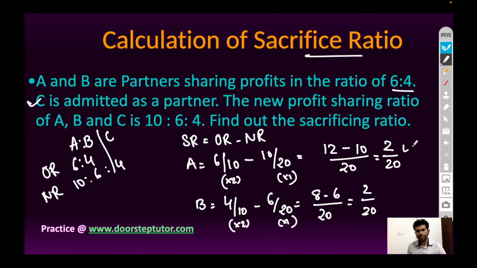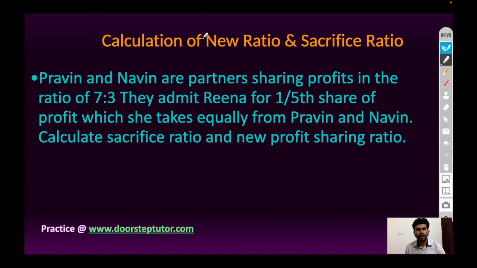So the sacrifice ratio is 2 is to 2, that is 1 is to 1. So the sacrifice ratio is 1 is to 1 for Mr. A and B.